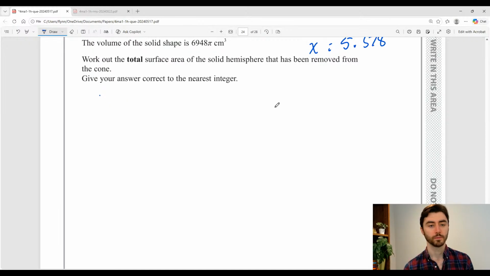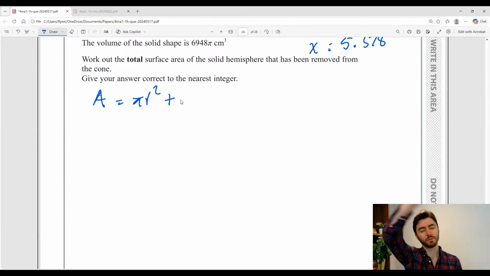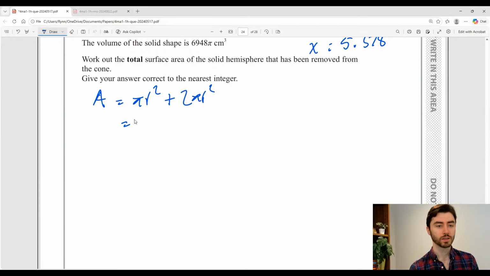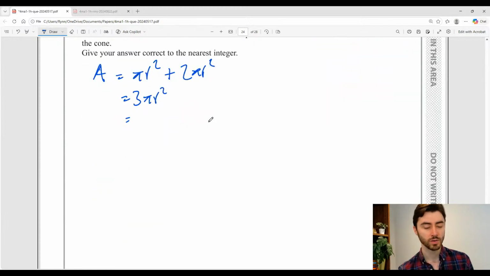So the total area would be pi r squared from the base. And then the total curved area would be 4 pi r squared. So half of that is 2 pi r squared. So the area of the hemisphere is 3 pi r squared.